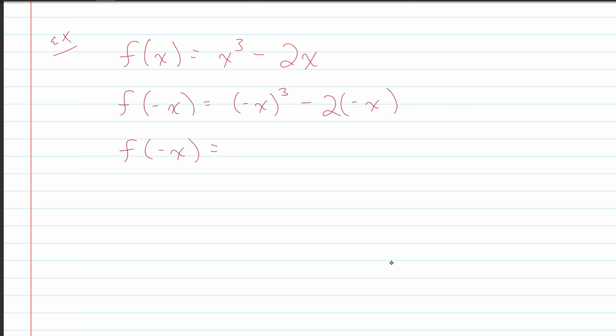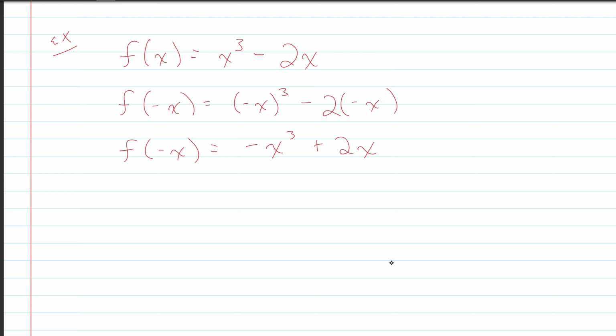That'll be a negative times a negative times a negative. The first two negatives make a positive, but then the positive times that third negative makes it a negative x to the third. And then negative 2 times negative x gives us a positive 2x.